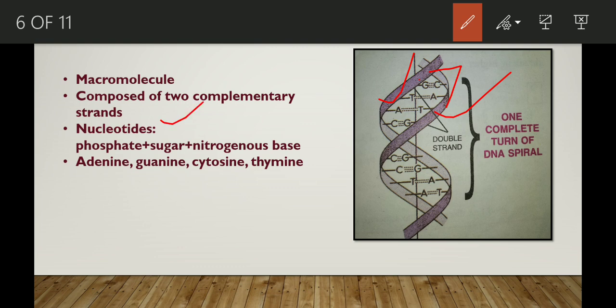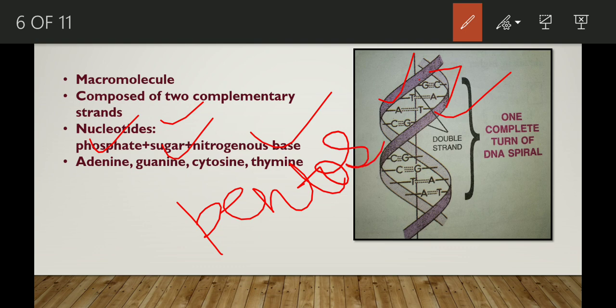A nucleotide consists of 3 components: a phosphate group, a sugar, and a nitrogenous base. The sugar present here is known as the pentose sugar. So each DNA strand contains various nucleotides.